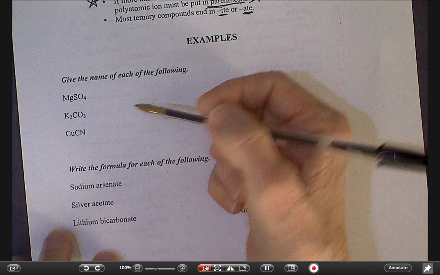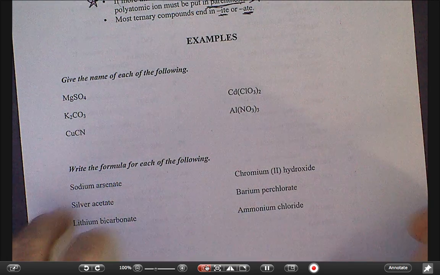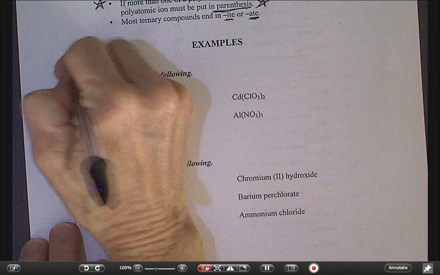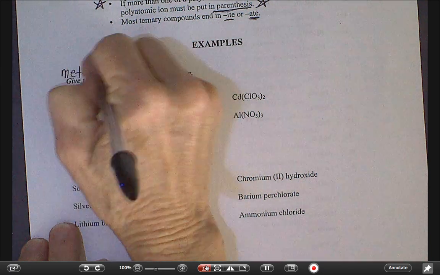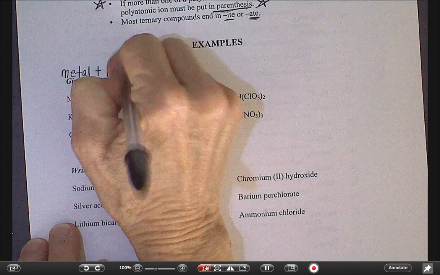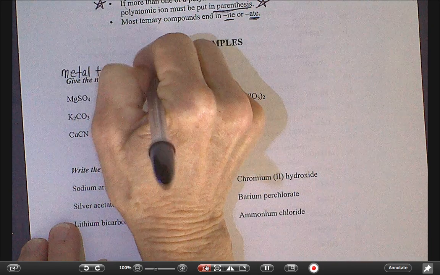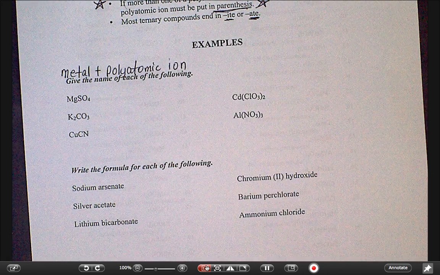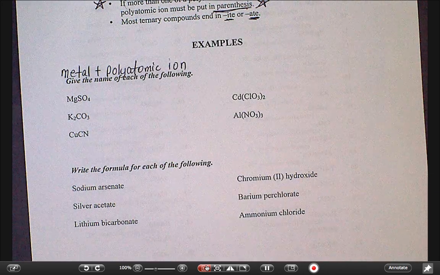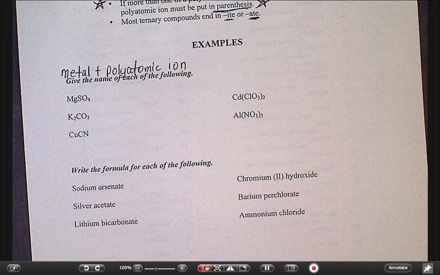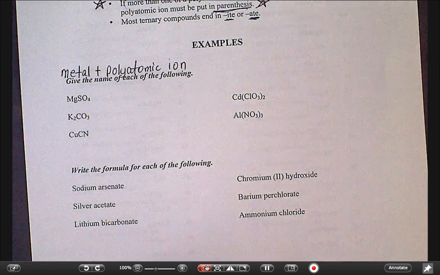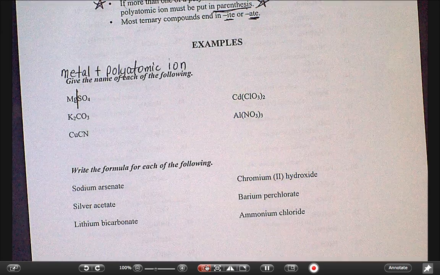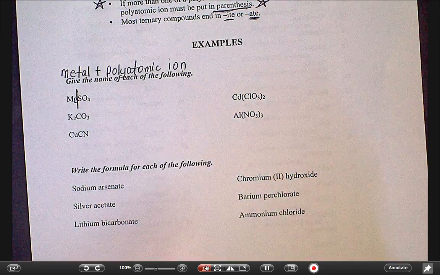Now, please pay attention. Remember, your metal is always in the front. So, this is a metal plus a polyatomic. Okay? So, the first capital letter with whatever is behind it is always going to be your what? Metal. Cation, that's right.